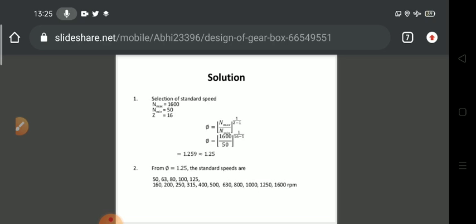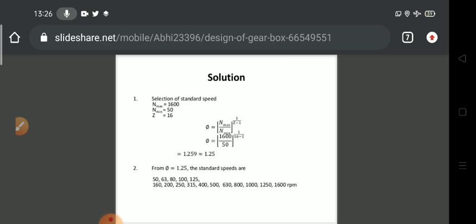So the first spindle speed is 50, the second is 63, then 80, 100, 125. We take all these consecutive speeds such that the ratio between two consecutive spindle speeds is constant at 1.25. Or you can calculate by multiplying the previous spindle speed. As the first spindle speed is 50, the second is 50 times 1.25, so we get 63.